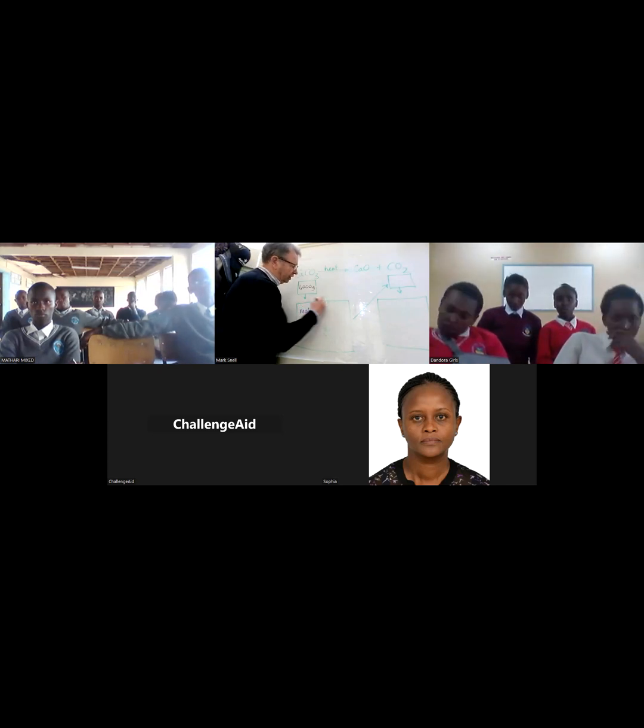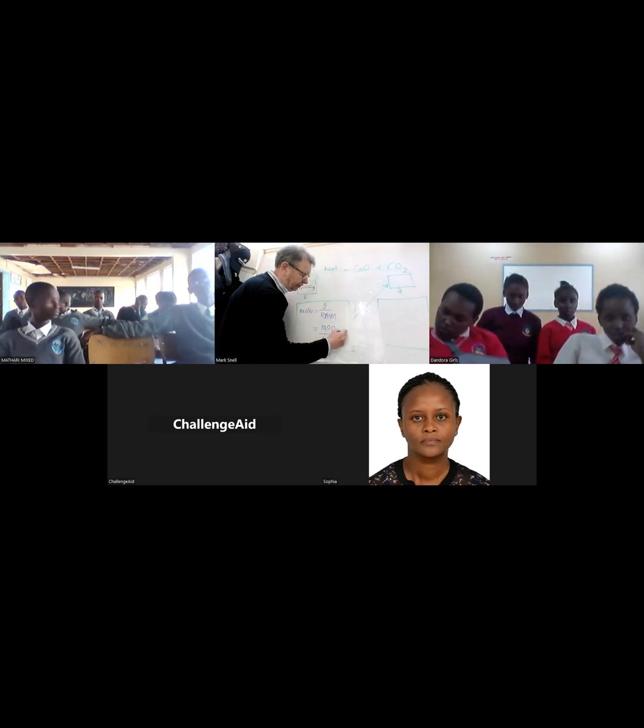Moles equals, for this, it's a mass, so it's grams over RMM. The grams is 1,000, and the RMM of calcium carbonate, which we came across earlier, is 100. So that equals 10 moles.